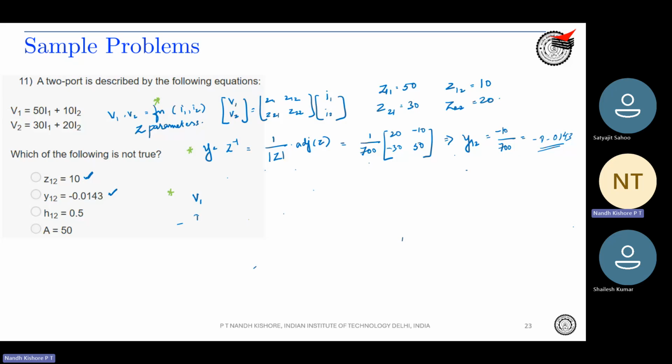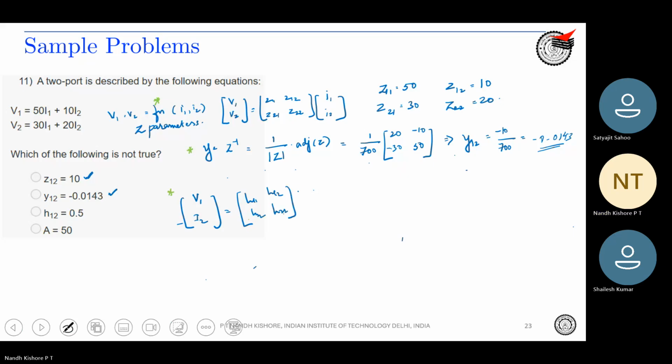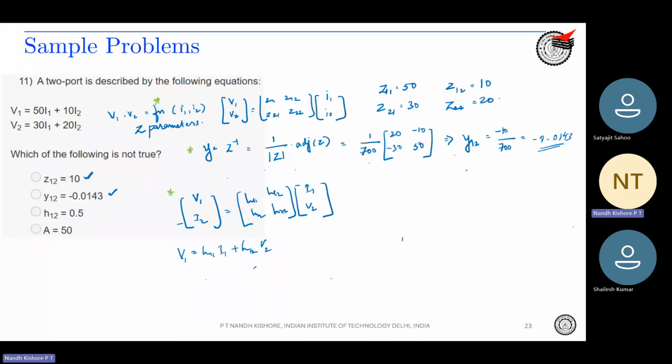For H parameter, V1 and I2 is equal to the matrix H11, H12, H21, H22 into I1 and V2. Now I want only H12. What is the expression for H12? V1 is equal to H11 I1 plus H12 V2.